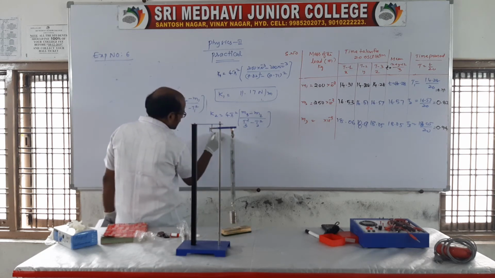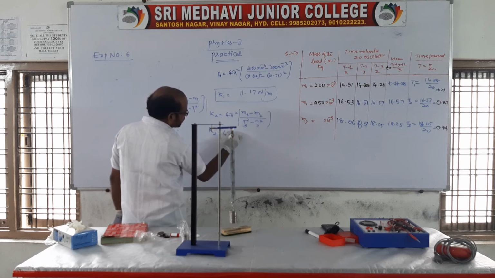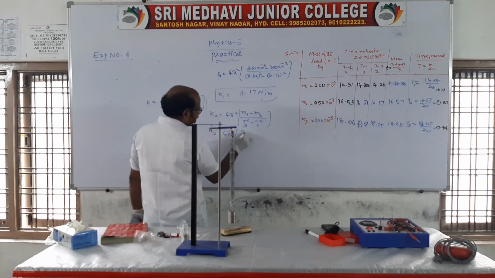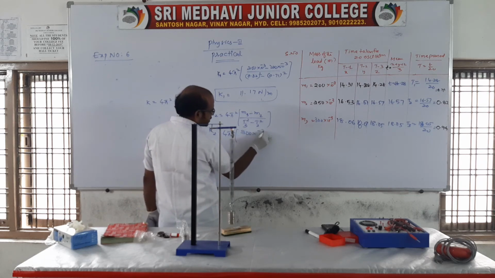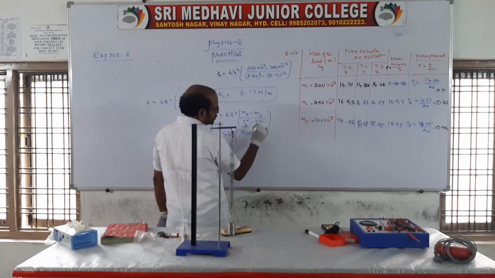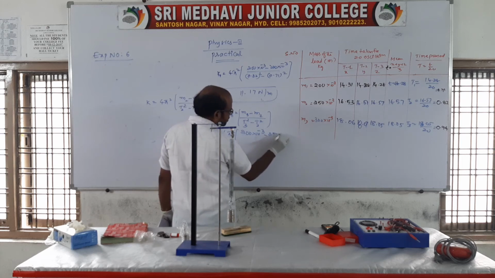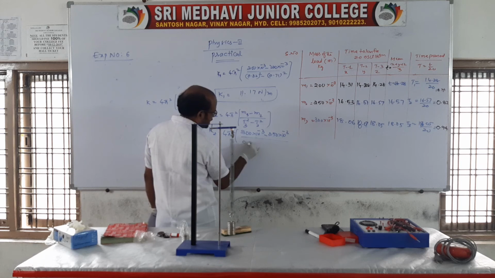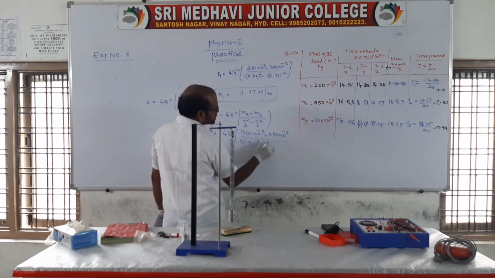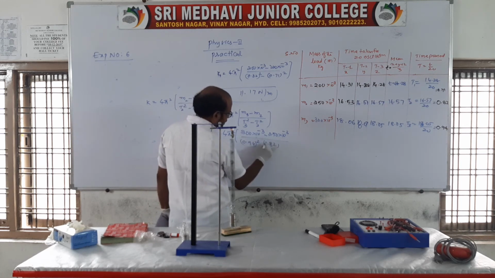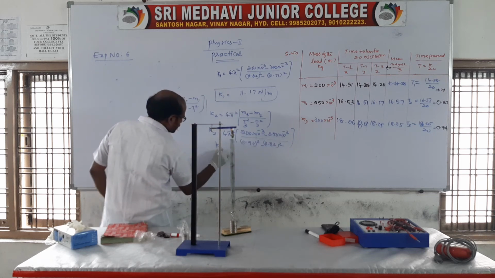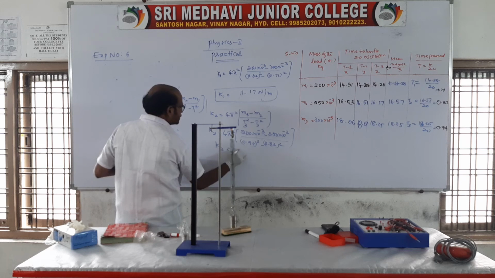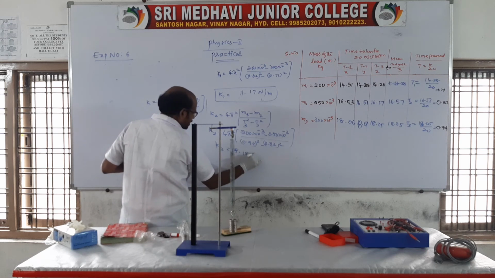Substituting: K2 is equal to 4 pi square, M3 is 300 into 10 power minus 3, minus M2, 250 into 10 power minus 3, by 0.94 whole square minus 0.82 whole square. After simplification, K2 is equal to 15.18 Newton per meter.